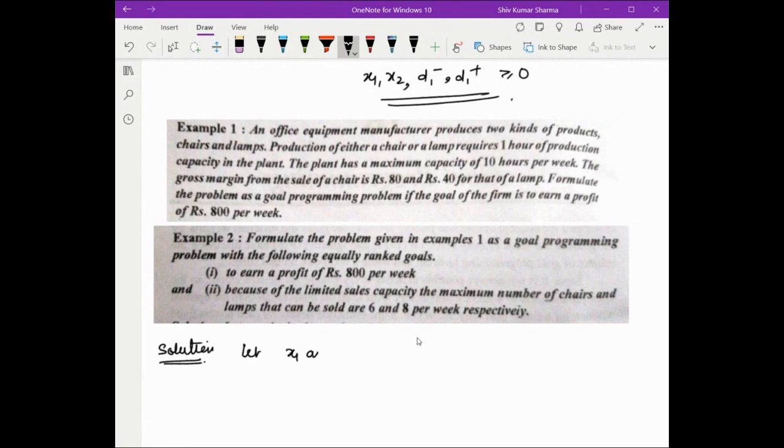Same, let x1 and x2 be the number of chairs and lamps produced by the firm per week.